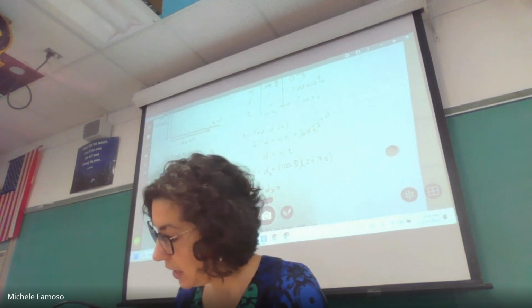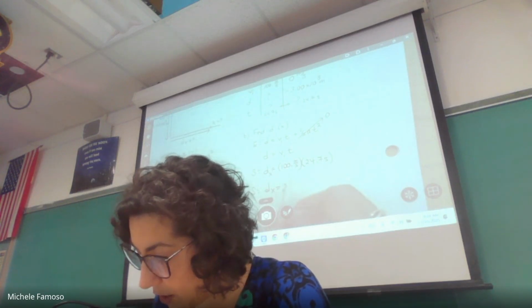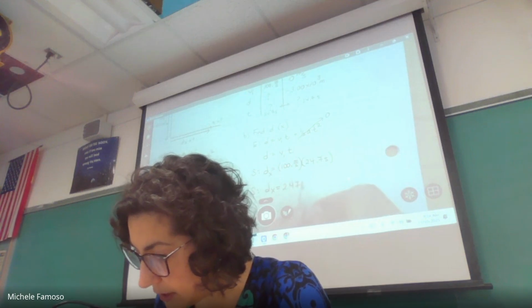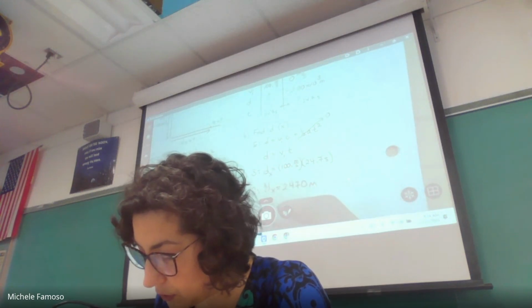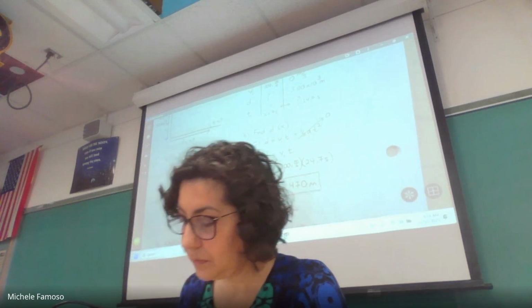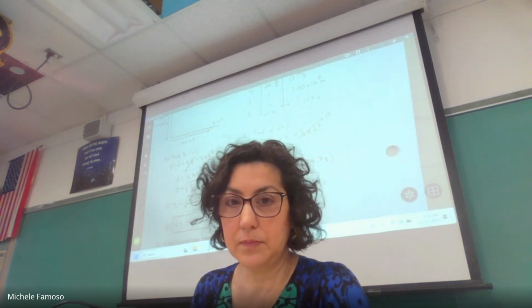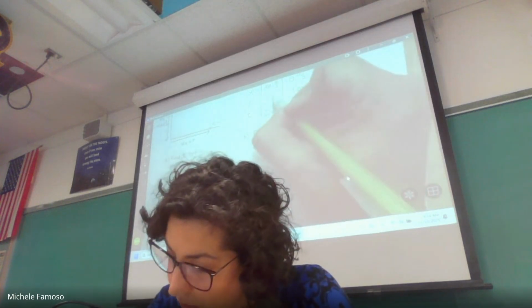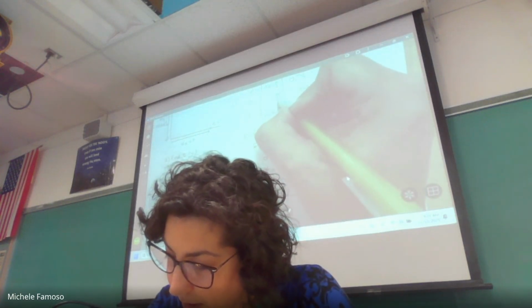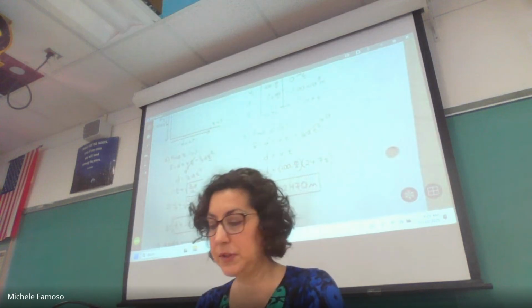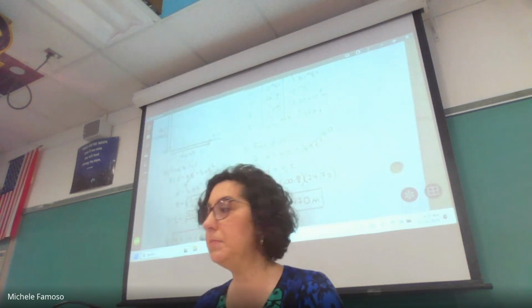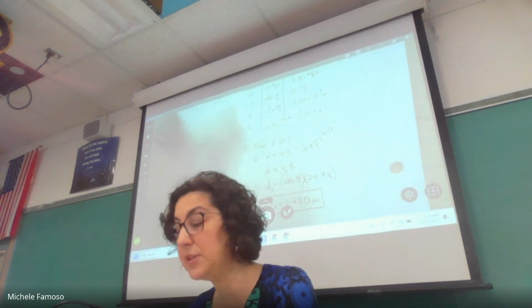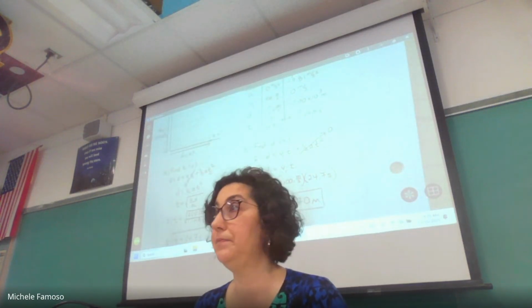And that gives me an answer of 2,470 meters. And that would be the answer that goes there, 2,470 meters in the D and the X column. Notice that when I'm done, my entire table is filled out.